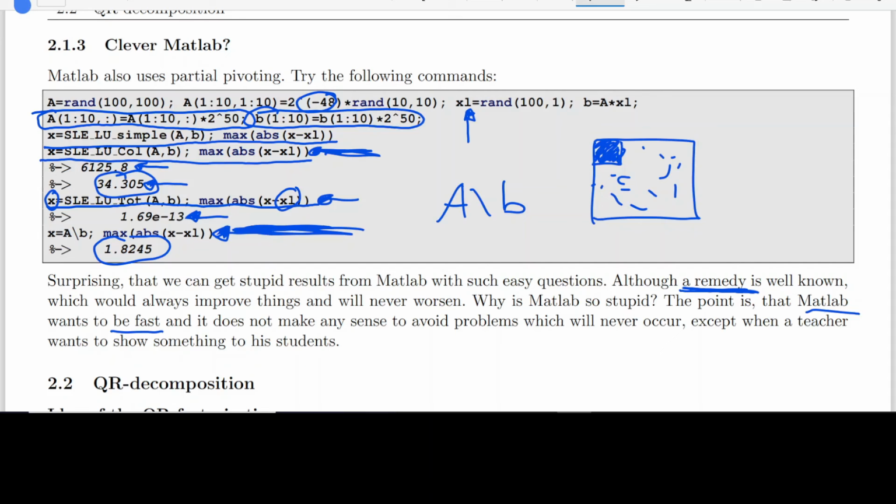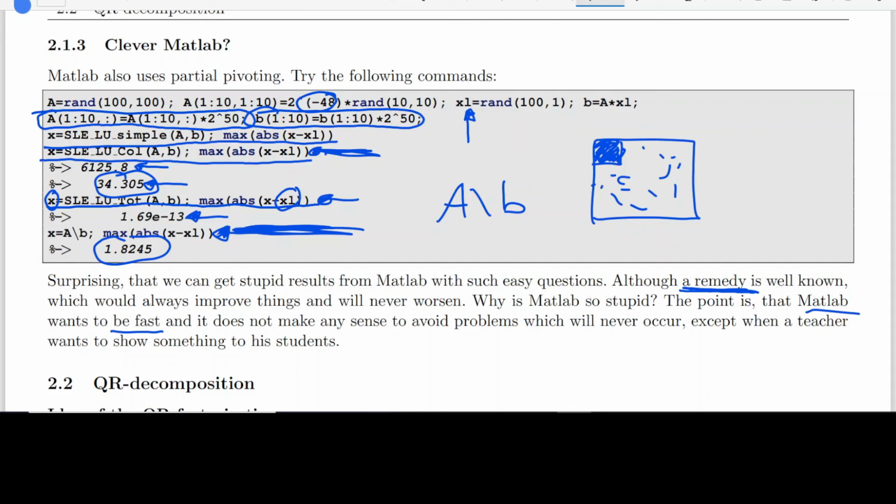And that's the reason why the makers of Matlab decided not to use total pivoting. You can be 100% sure that they know the mathematics, they know column pivoting, they also know total pivoting, but they decided we use only column pivoting.